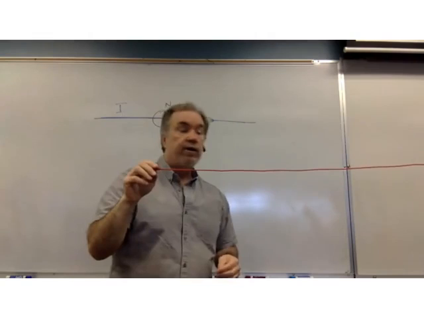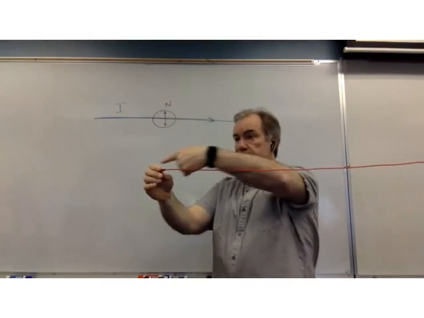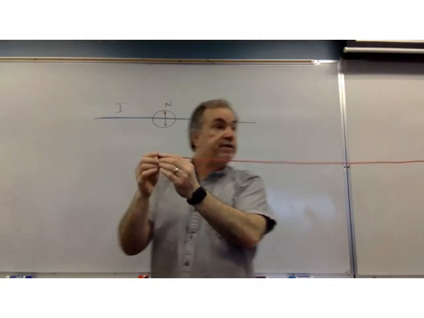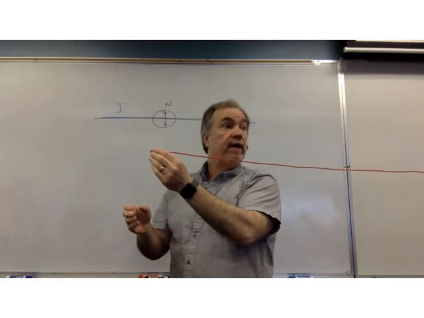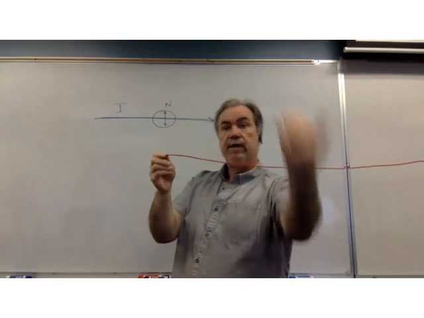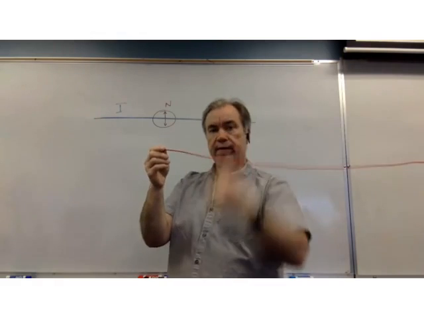And if the current gets reversed, if the current were to flow this direction instead, we would find, unsurprisingly perhaps, that the direction of the magnetic field vectors also reverses, and so it would go the other way, okay?